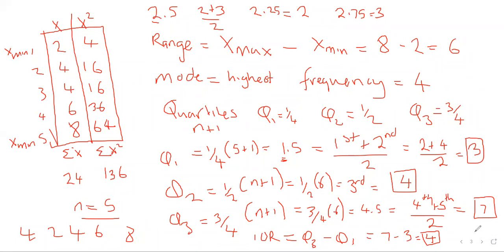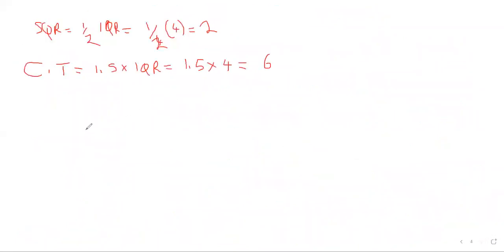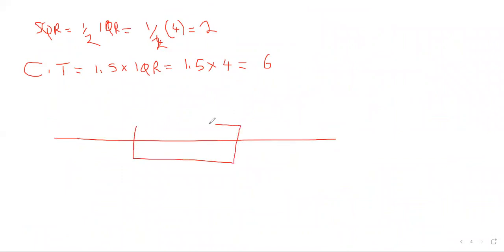So now this will help us come up with what is called the box-whisker diagram. The box-whisker diagram or box-whisker plot has 5 important dimensions: X min, Q1, Q2, Q3, and X max.